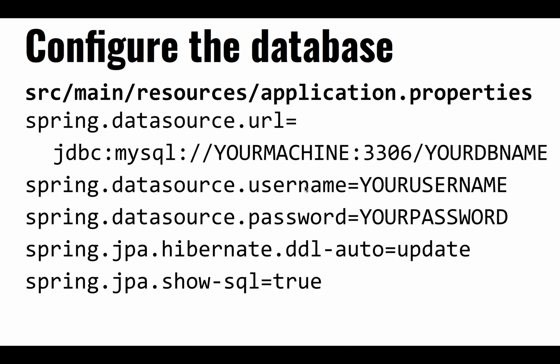Also, instead of hard coding these in here, what you would typically do is create environment variables that are part of the machine. When it boots up, it runs your batch file that sets up environment variables, because you might have multiple databases, right?